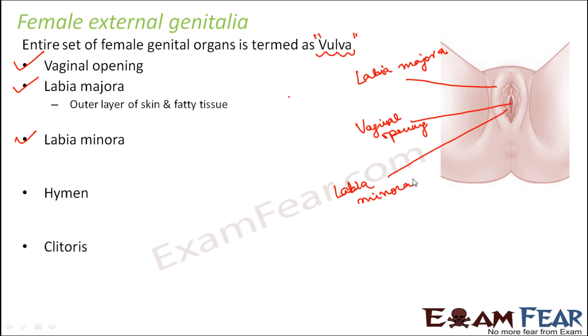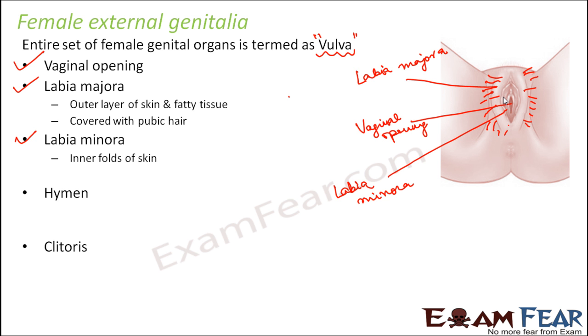The outer layer is made up of skin and fatty tissue, and it is also covered with pubic hair. So hairs are also seen in this region, a lot of hair in the genital region, and these hairs also develop during puberty. And labia minora is the inner folds of skin, in the immediate surroundings of the vaginal opening.